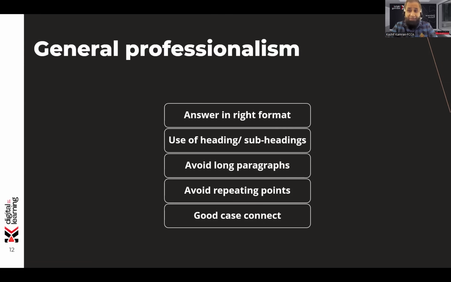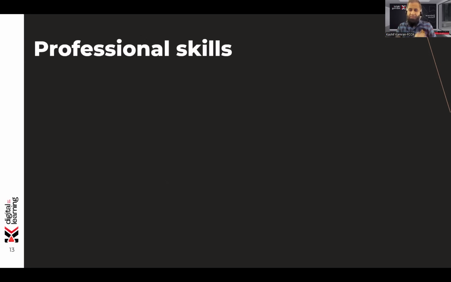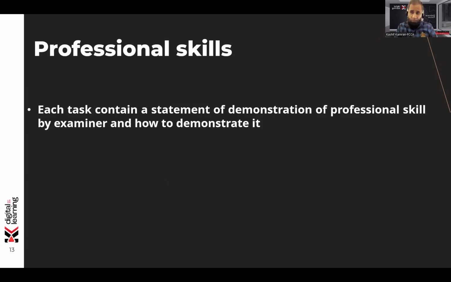Demonstrating the skill, the next big agenda. Each task you look into will contain a statement under the technical marks, about the demonstration of a professional skill by the examiner and how to demonstrate it. I believe students don't read that statement very well.